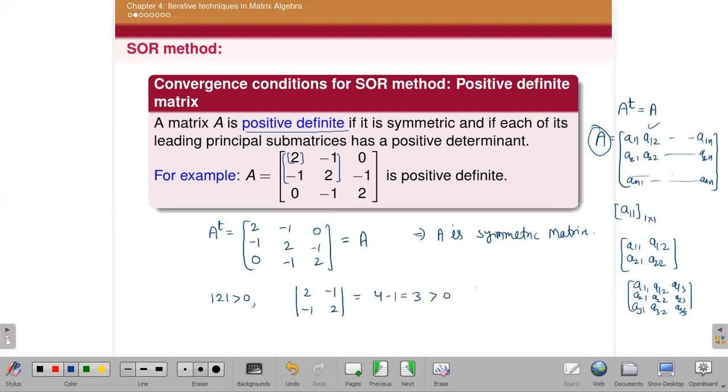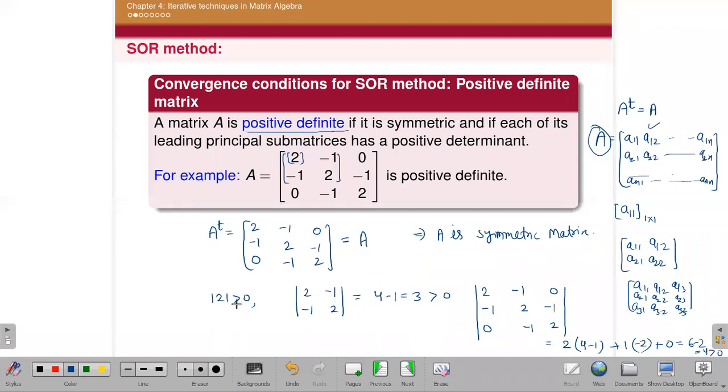Now we take the 3 cross 3 matrix, 2, minus 1, 0, minus 1, 2, minus 1, then 0, minus 1, 2. We find its determinant: 2 into 4 minus 1, then plus 1 into minus 2, then plus 0. So it will be 2 into 3 minus 2, which is 4, which is positive.